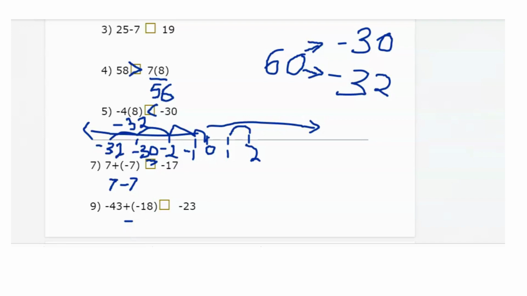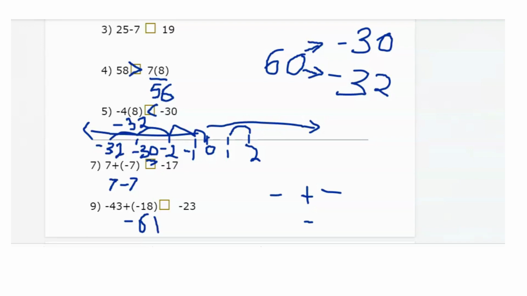Remember, the law says if you have negative and negative, you add but keep the sign of the negative number. So -43, -18, we're going to add, but we're going to keep the subtraction sign.